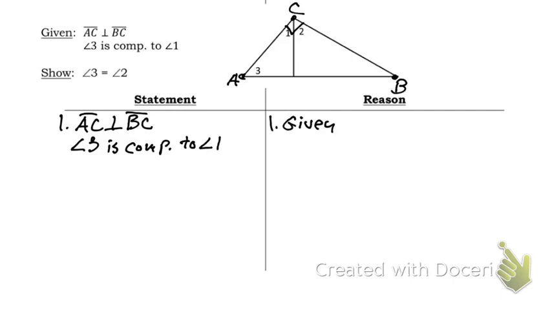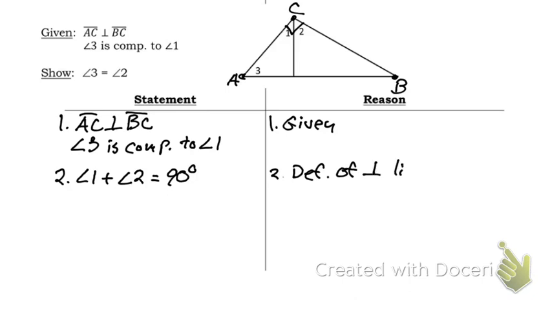So by unpacking that, I'm allowed to say that angle 1 plus angle 2 is equal to, not 100, just 90 degrees. Yeah, thank you. And that is just the definition of perpendicular lines. Do you see how I just unpacked it?